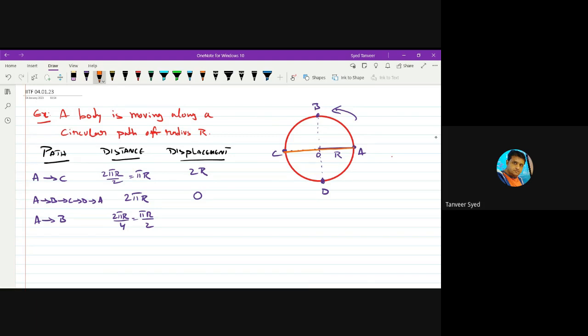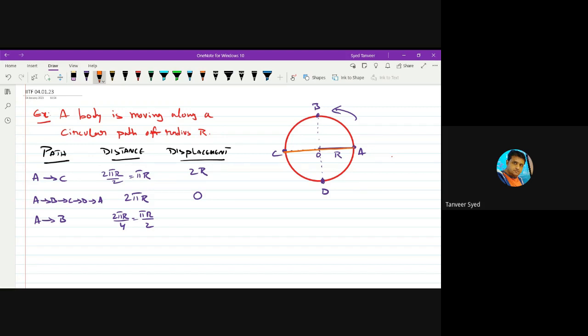between A and B. What is the displacement of the body? Actually, finding displacement is very easy. I don't know why some students get confused with this. Compared to distance, finding displacement is easier, because to calculate displacement you have to look at only two points, the starting and stopping, initial and final points.